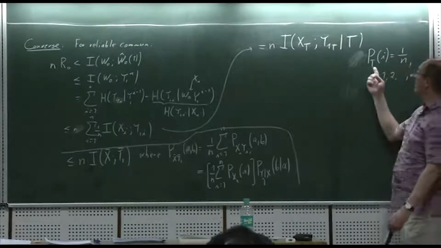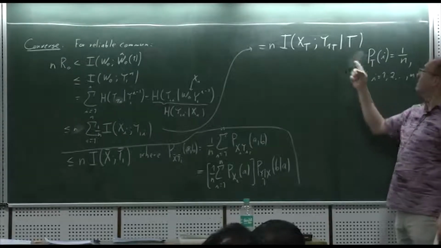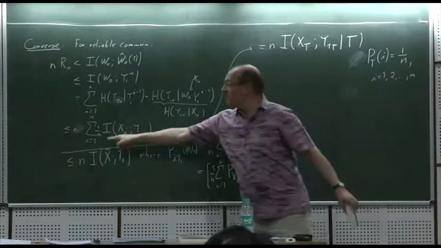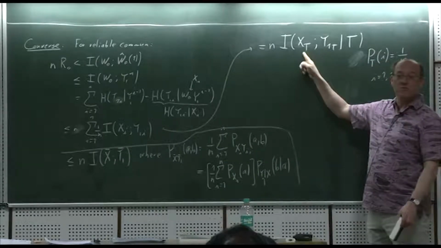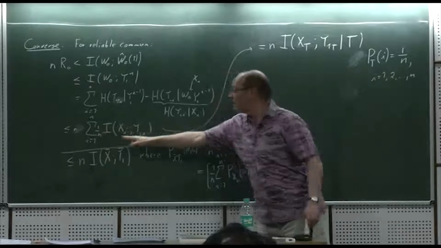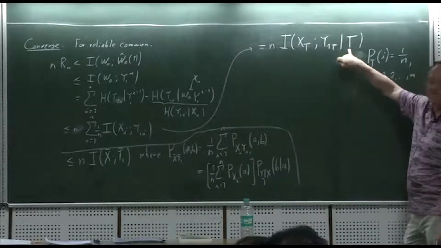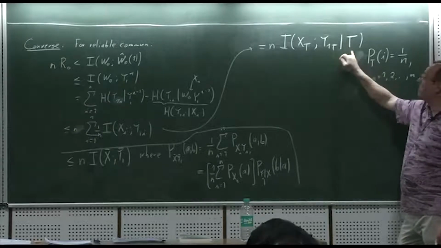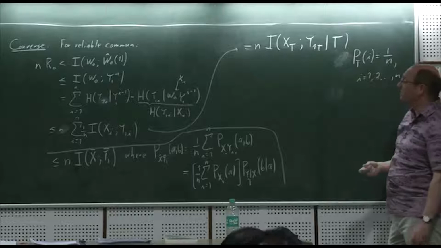It's the same thing, because now if I write this out, this is just an average over t, and that's just 1 over n. And then I condition on the value of t equals 1, t equals 2, and so on, right? So I can write this as equal to the given t. Okay, but now I have the problem, I have this t in here. This represents like a time sharing of some kind, which I could optimize in principle.